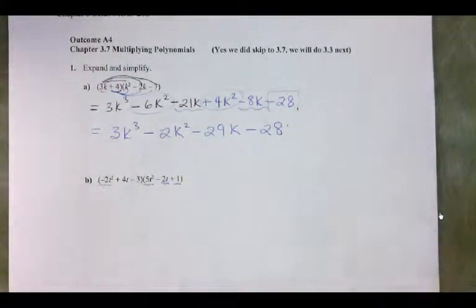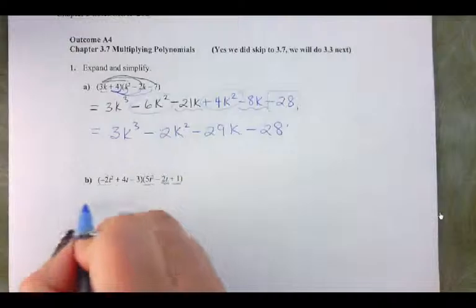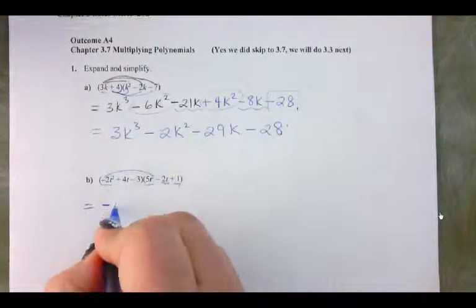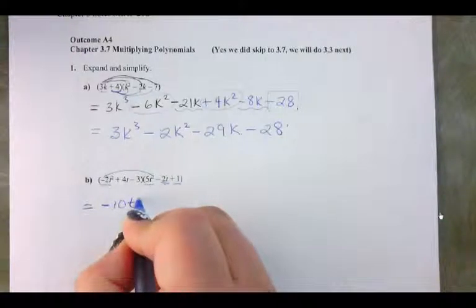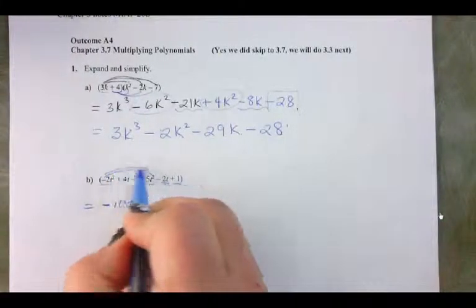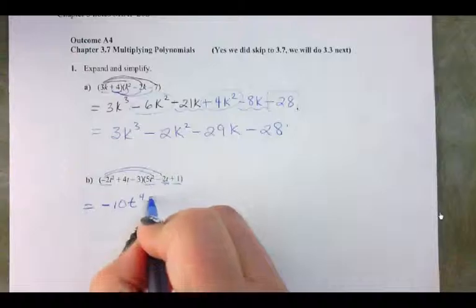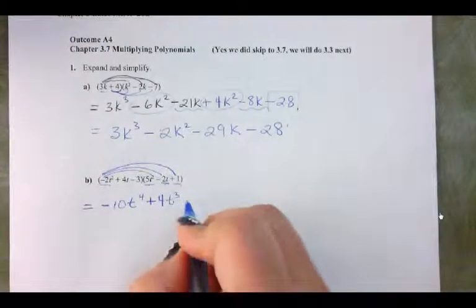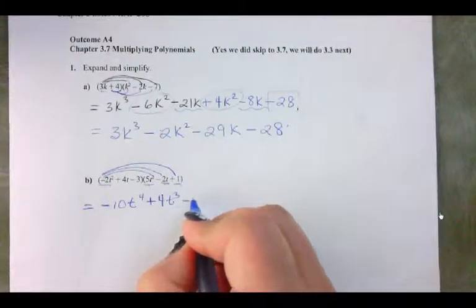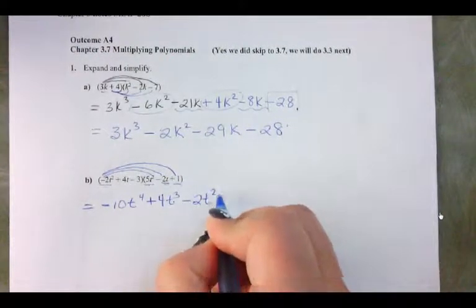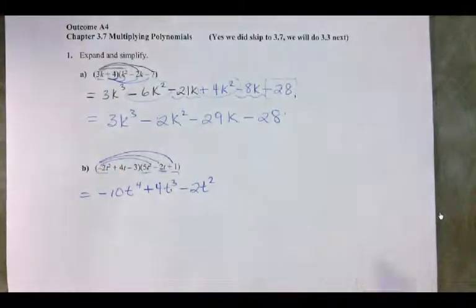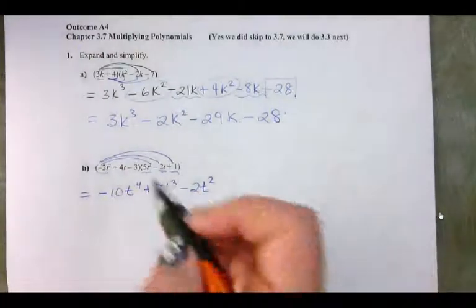All right, so let's just go ahead and do that. So that's going to give us this times this, minus 10t to the power of 4. This times this is plus 4t cubed. This times this is minus 2t squared. Then I'm going to switch pens just so you can see.